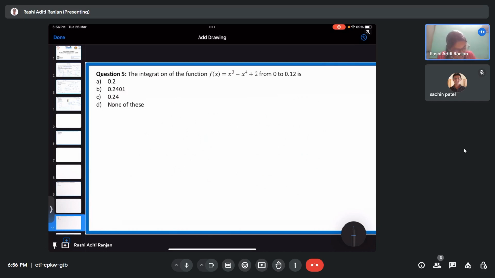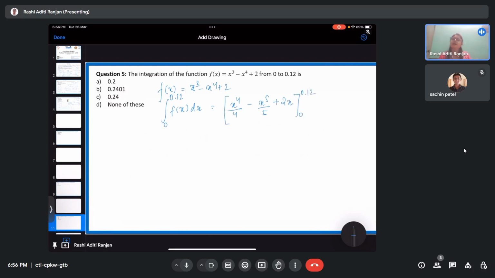Okay, so I have f of x as x cube minus x to the power 4 plus 2. Integration of f of x dx from 0 to 0.12 would give me x to the power 4 by 4 minus x to the power 5 by 5 plus 2x.